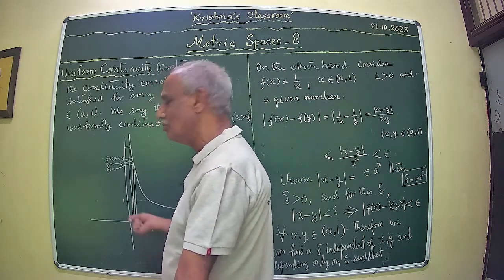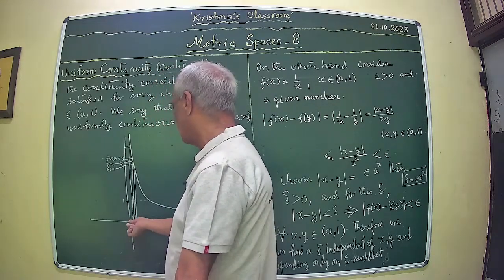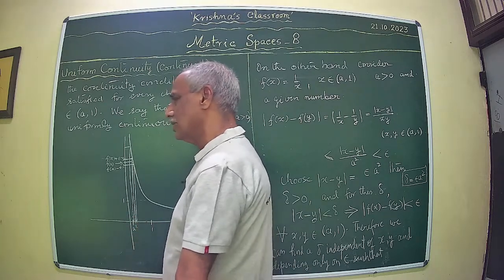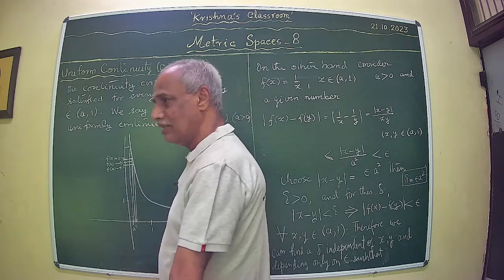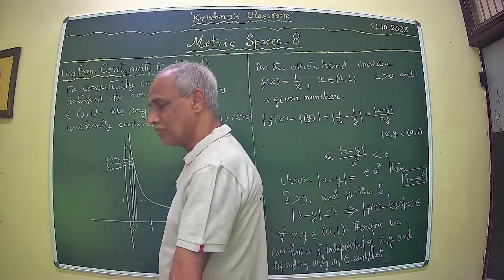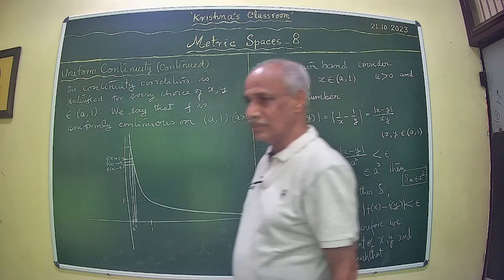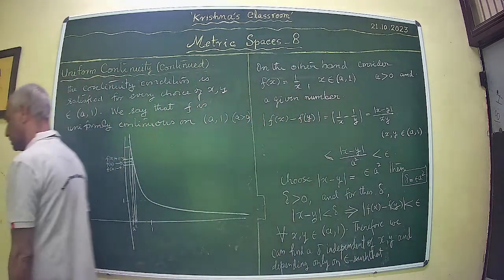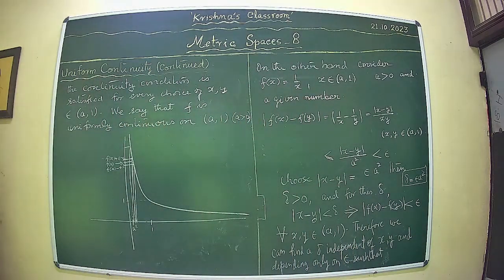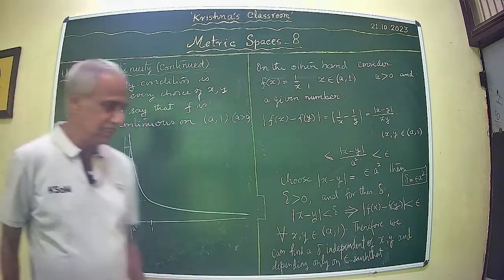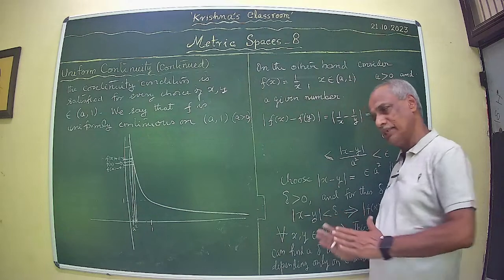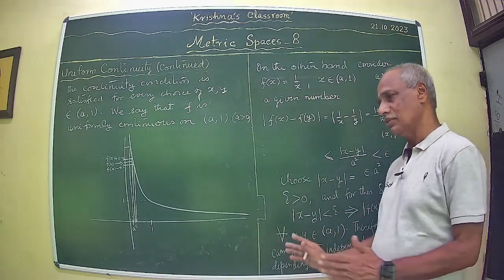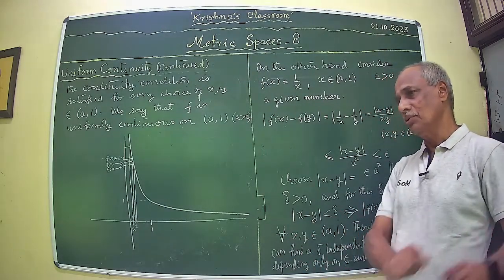So there is no universal choice of delta for the condition of continuity, that given epsilon positive there exists a delta. This delta will certainly depend on the point locally, and as you move closer and closer to 0, this delta is going to go to 0.